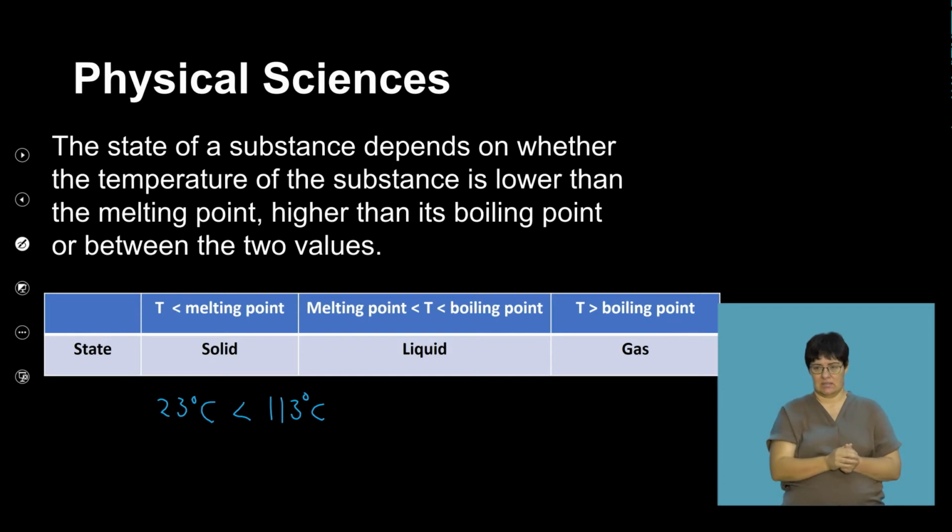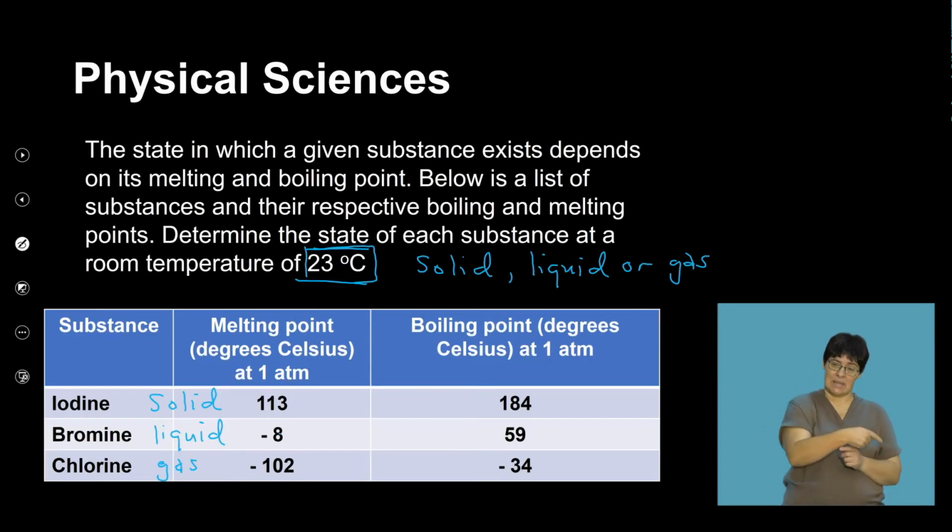But then if you take 23 degrees Celsius, which is the temperature at which, let's say for argument's sake, bromine is given, you'll see that bromine melts at -8. -8 is less than 23, but at the same time, 23 is less than 59.